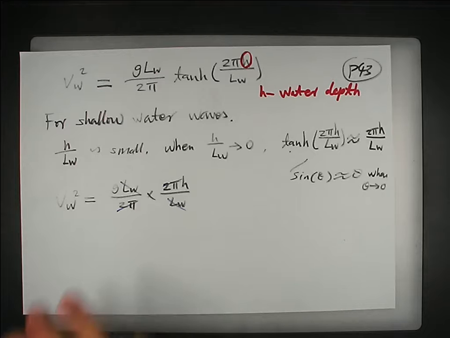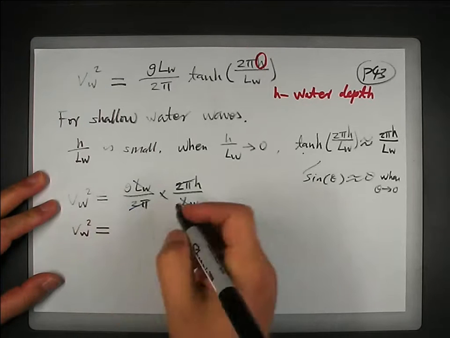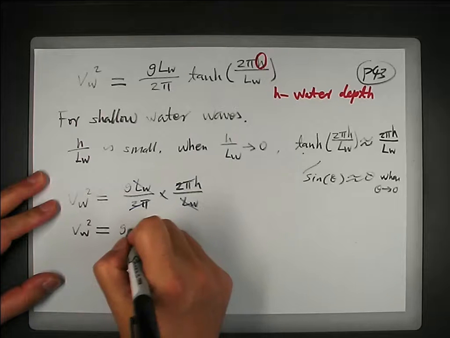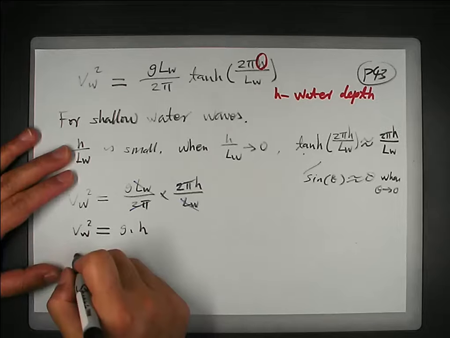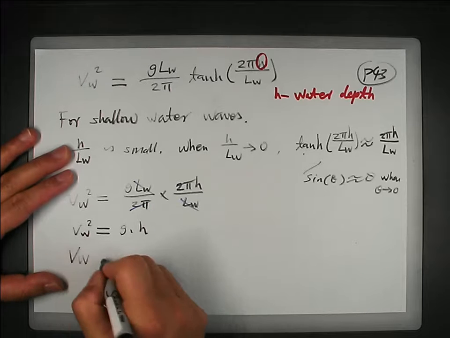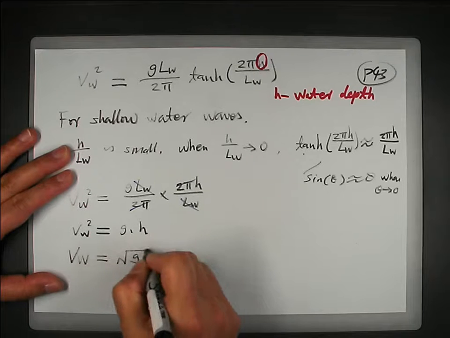Then we get V squared equals g H. Then the velocity V equals the square root of g H.